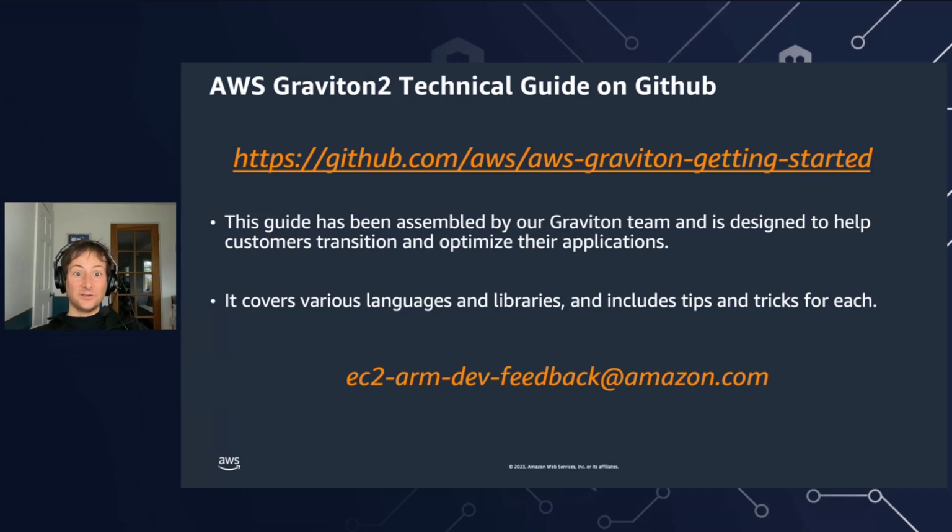And if there's anything missing, or if you have more questions, you can either open an issue on that repository that we will try to solve as fast as possible, or you can send us an email on ec2-arm-dev-feedback@amazon.com. There's a team of engineers and solutions architects that are listening to that address, and we will do our best to answer all your questions.